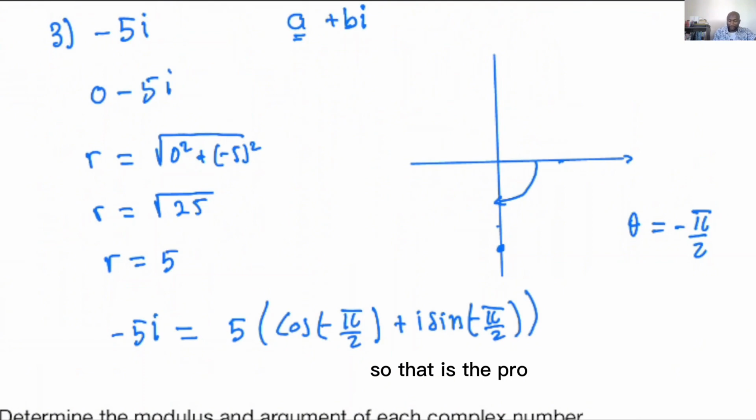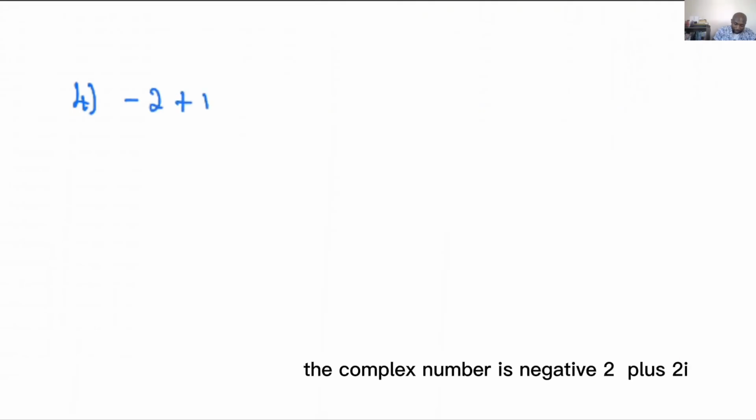So that is the polar form. And the last question. The complex number is negative 2 plus 2i.